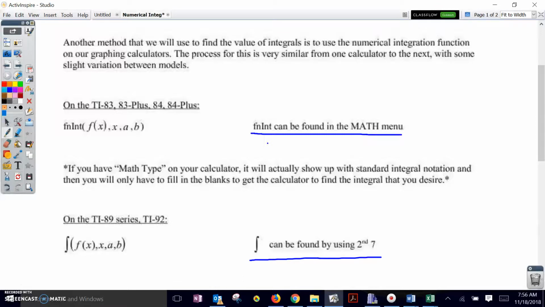Those of you who have 84s or 83s with math type, or some of the newer 83, 84 versions that have math type, when you pick the numerical integral command, what will actually happen is a symbol like the integral symbol will show up here, and there will just be boxes for you to fill in with all of the important information that goes into your integral, and you can literally just take the information as it appears on your paper and type it in.